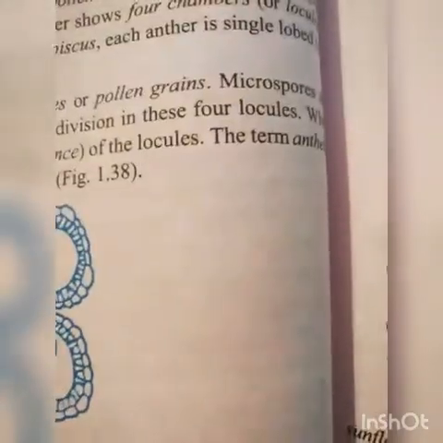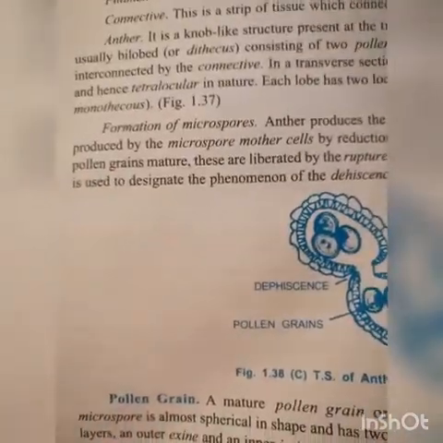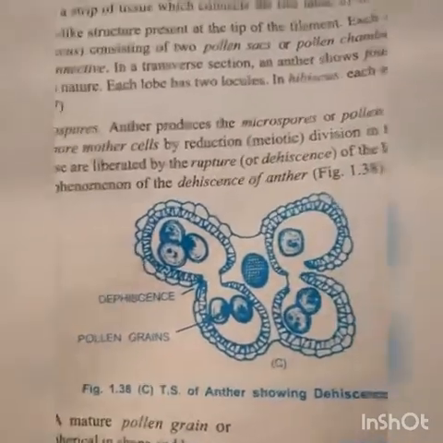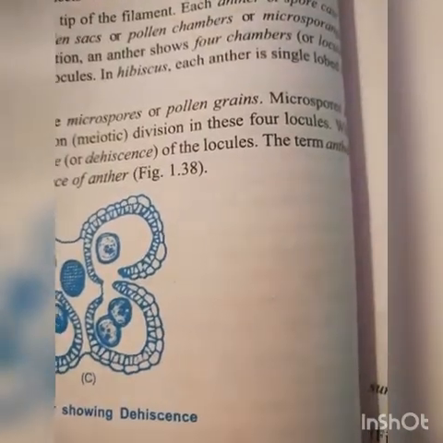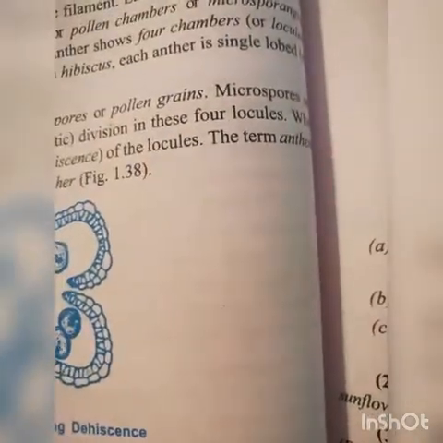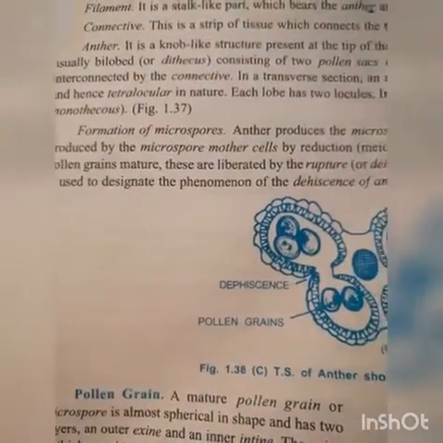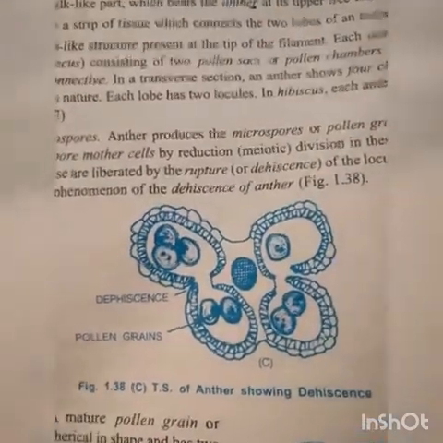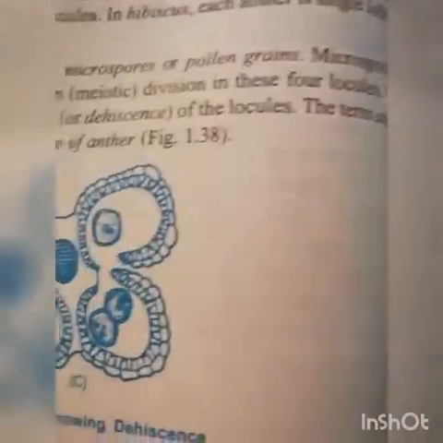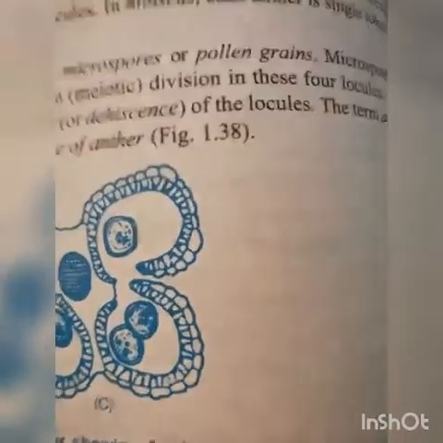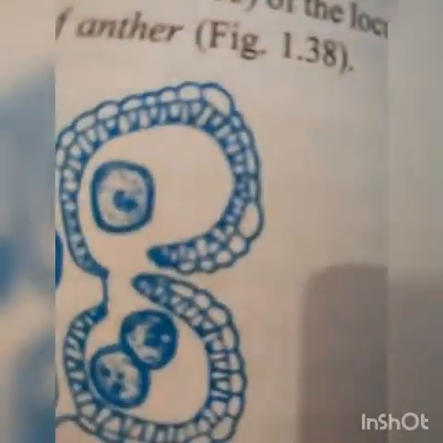Microspores are produced by microspore mother cells by reduction division, that is meiotic division, in these four lobes. When pollen grains mature, they are liberated by rupture or dehiscence of locules, meaning the anther wall ruptures and the pollen grains or microspores are released.